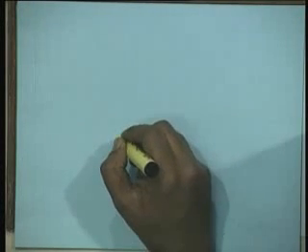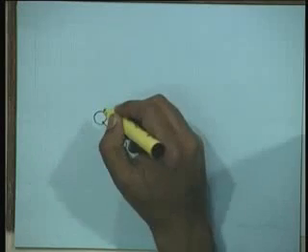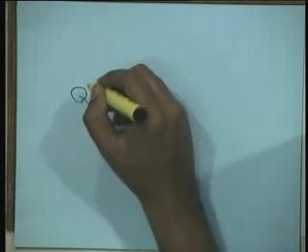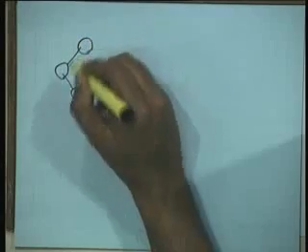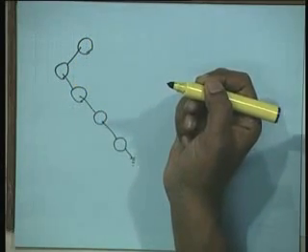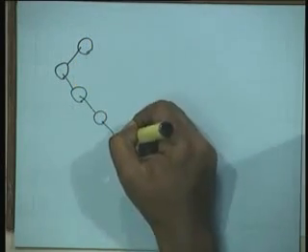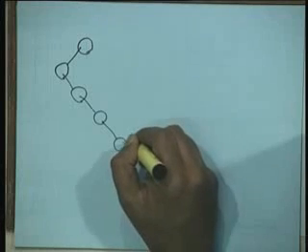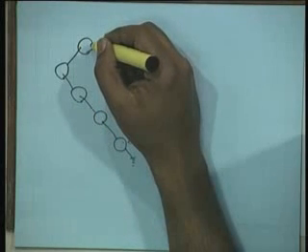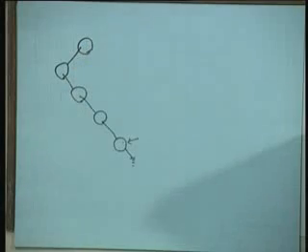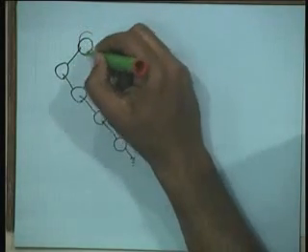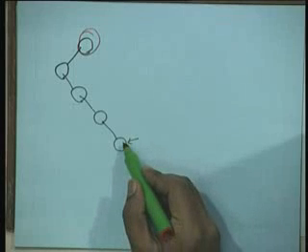Then I go to its parent, and I keep going up to the parent till I reach an ancestor such that this node, whose successor we are trying to find, is in the left subtree of the ancestor. So this guy then is going to be the successor of x. This node is going to be the successor of this.